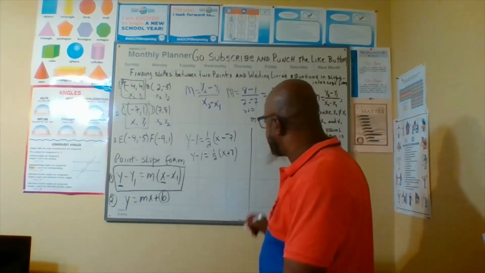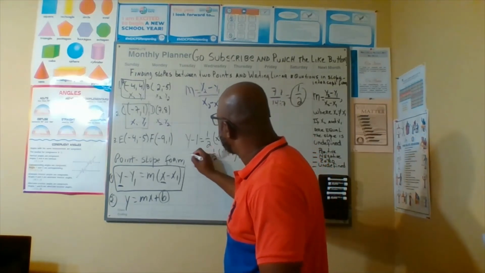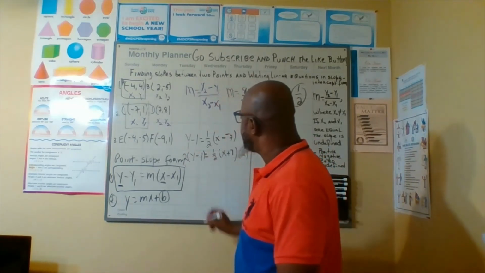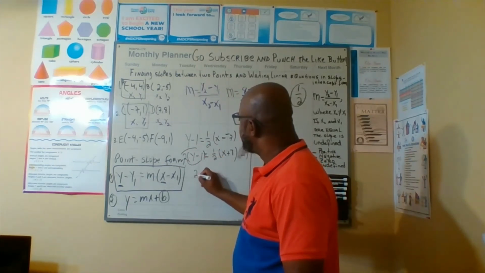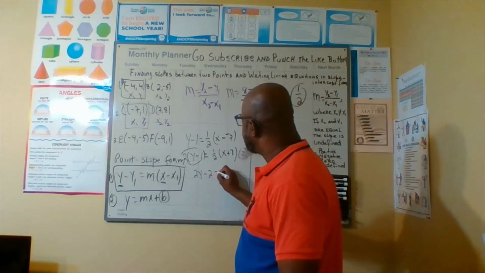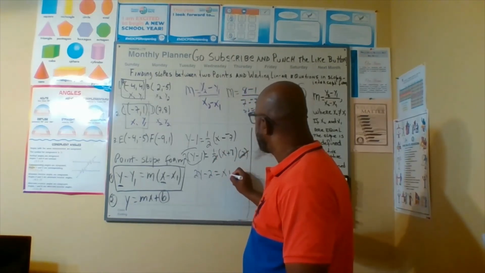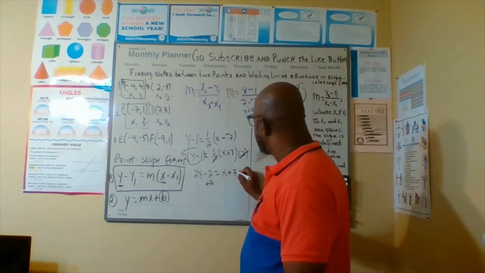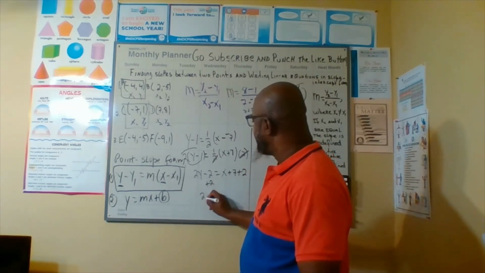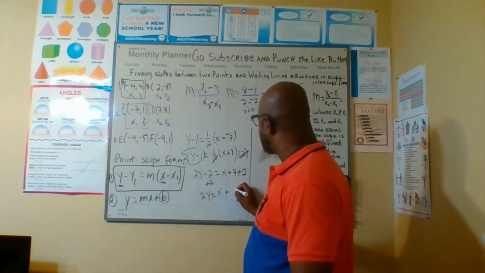Since we keep multiplying by the denominator, I will keep the same way so you don't get confused. Distribute this and distribute that. You will have 2y minus 2. These 2 cancel with that 2. So we'll have x plus 7. Now you add 2 on each side. You will have 2y equal x plus 9.